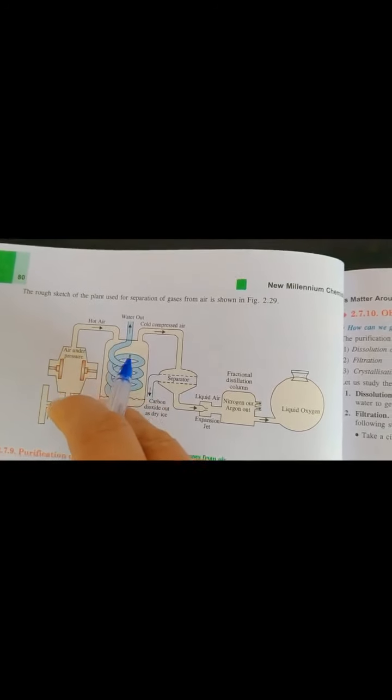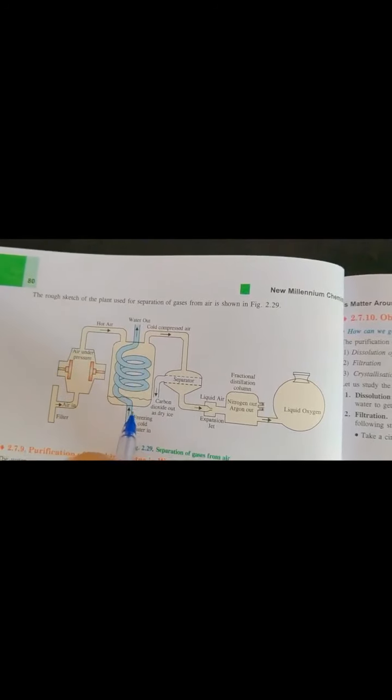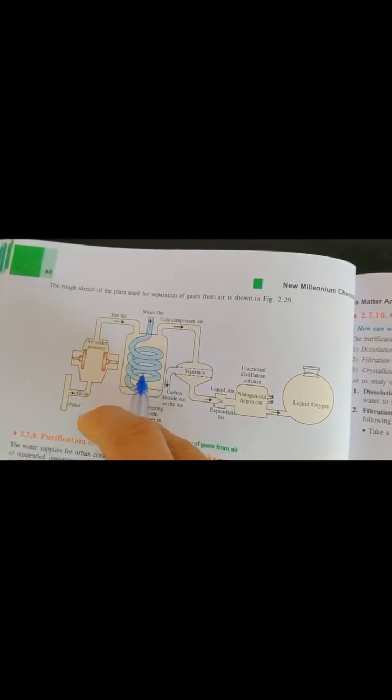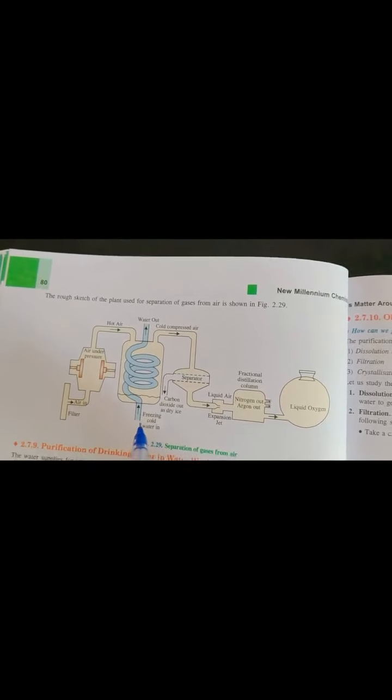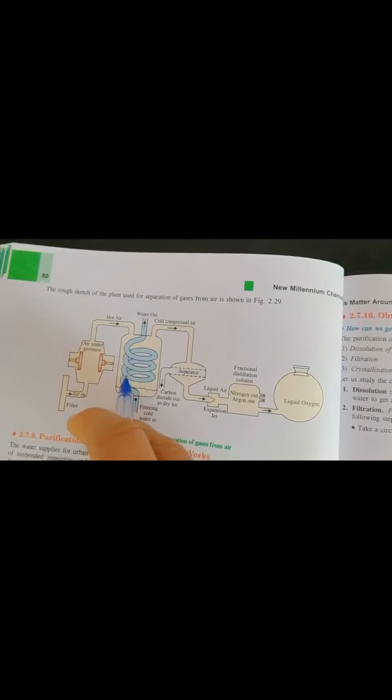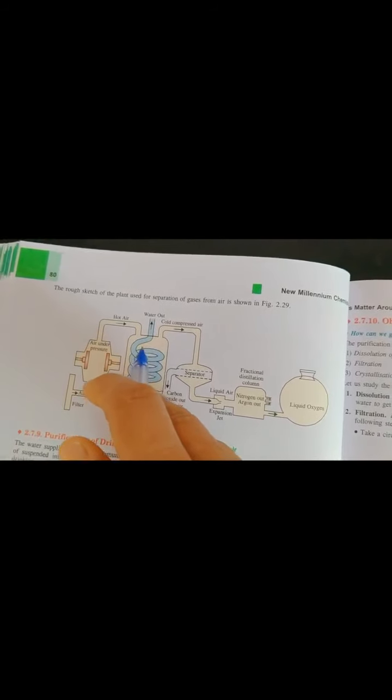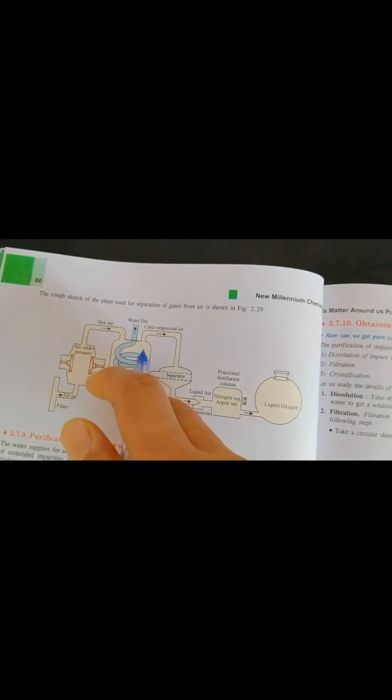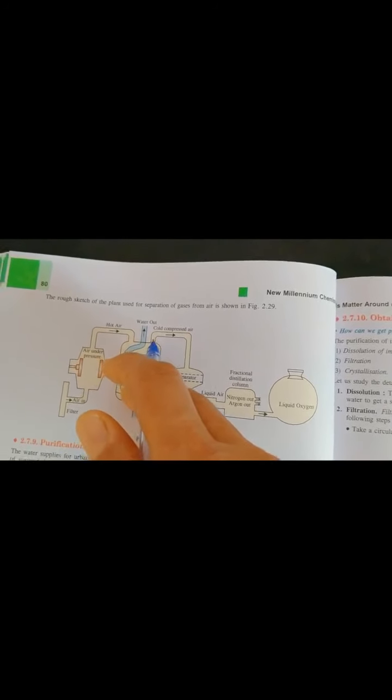The hot air goes into the second chamber, and again a condenser is fitted here. Ice cold water is going upside, taking energy from the outer part of the air, so the hot air becomes cool here.